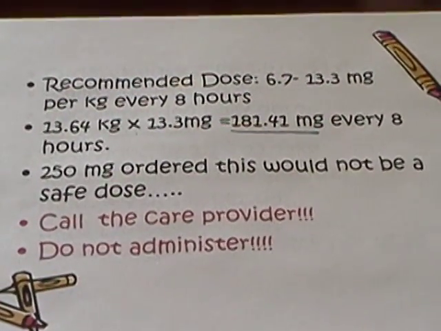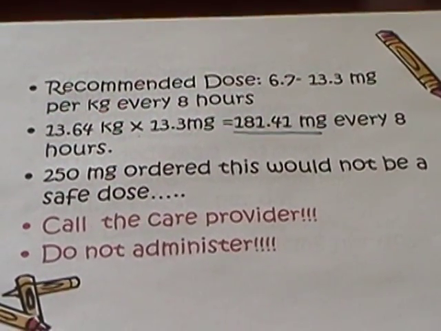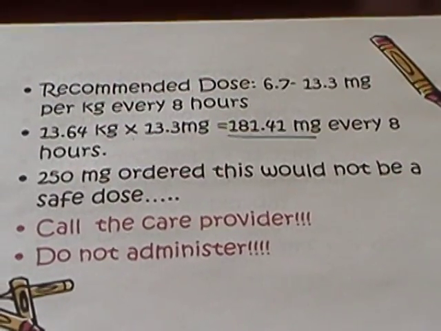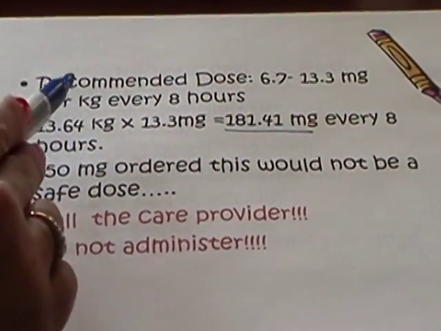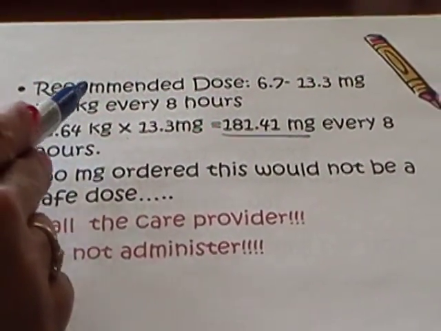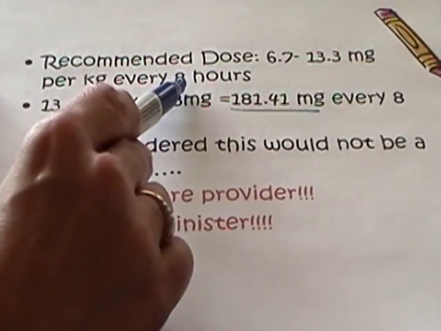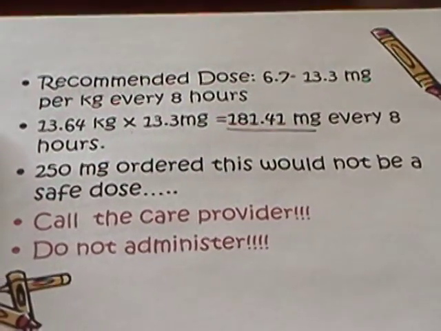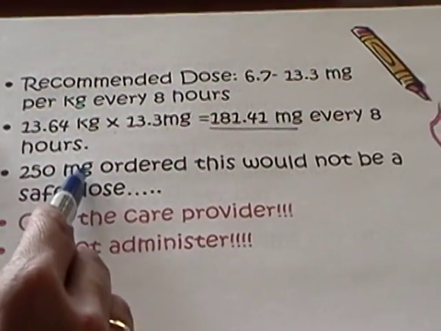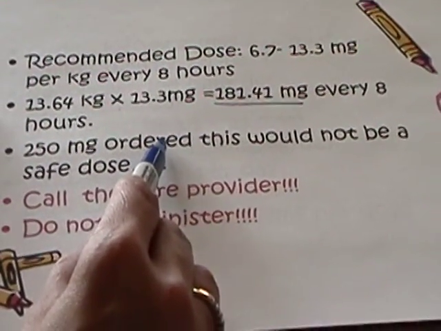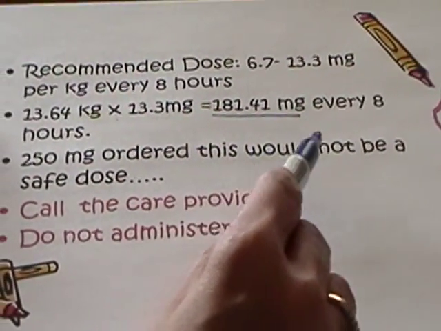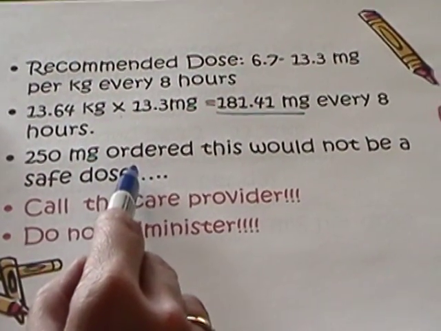In this case, we do not have to divide by the number of doses because our drug is ordered every 8 hours and our recommended dose is given for every 8 hours in the drug book. 250 milligrams is ordered. This would not be a safe dose.